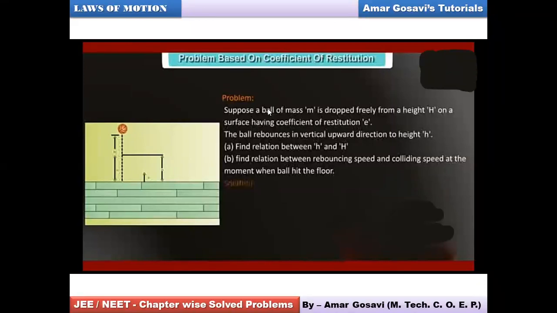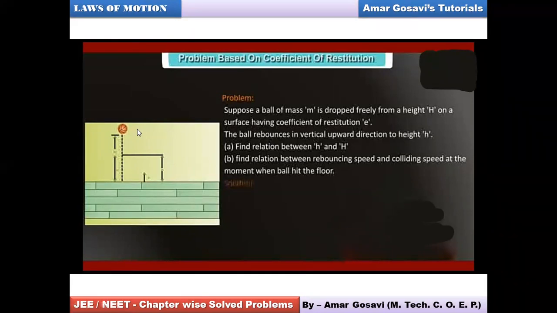What the problem says: suppose a ball of mass m is dropped freely from height h. You can see a ball is dropped from height capital H. It will hit the floor and rebound to a height small h. The coefficient of restitution of the surface is e, and the ball rebounds vertically upward to a height of small h.